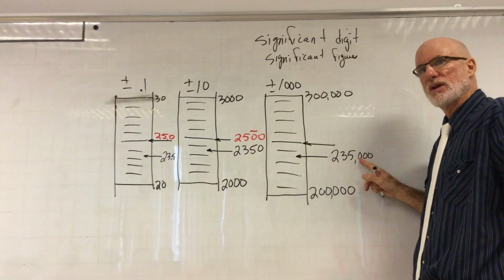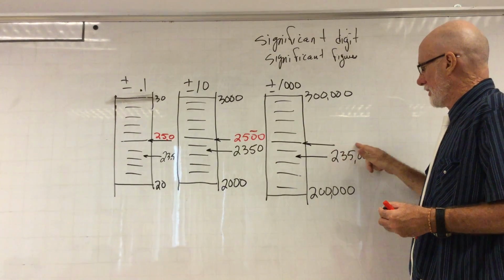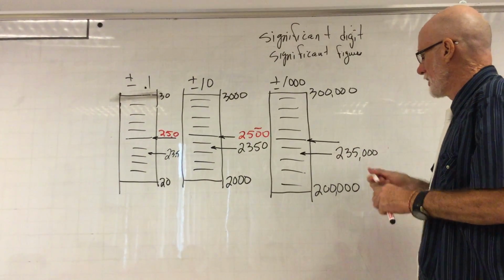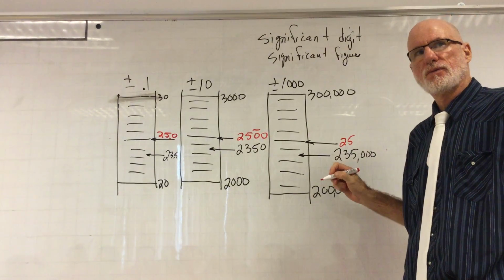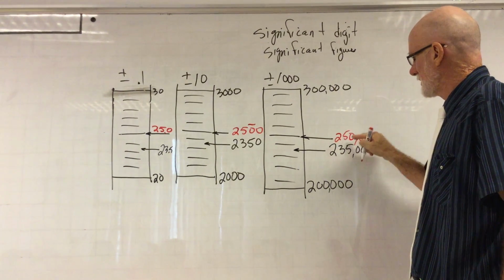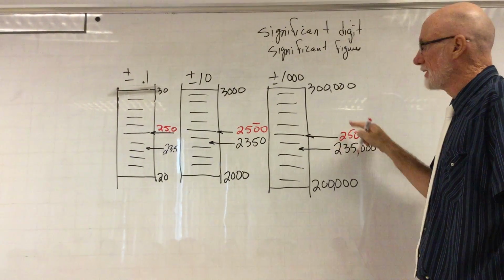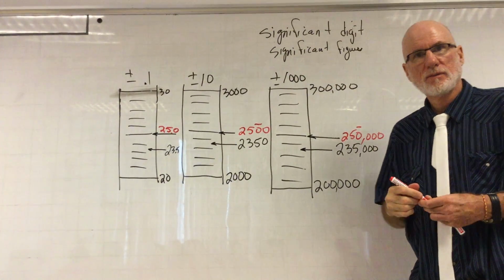No, because I didn't read them from the instrument. You see that? What's this one going to be? Well, it's going to be 250,000. Is that significant? Yes, because it's in thousands place. So that's significant. Clear? Easy?